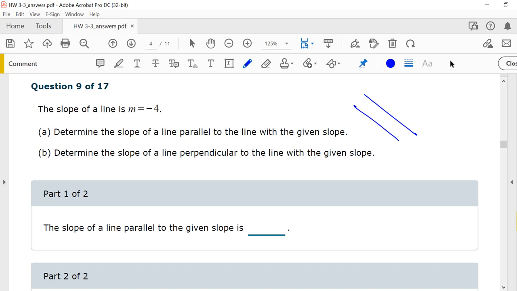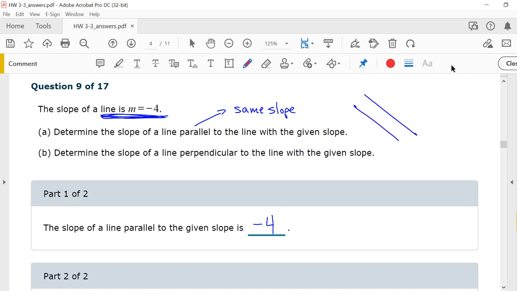So if you have parallel lines, the slopes are going to be the same. Parallel lines have same slope. So what's the slope of a line that's parallel to the line with slope -4? It would also have slope -4.